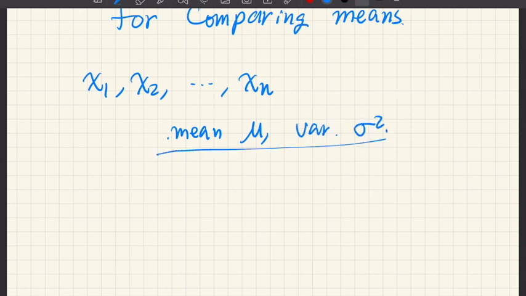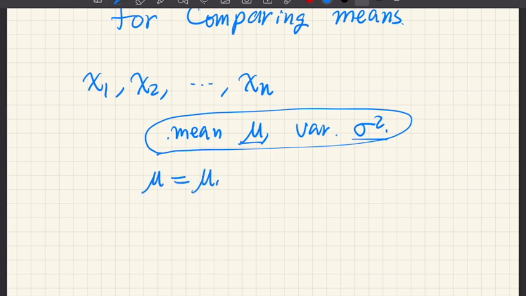Here we are not assuming that these x1, x2, etc. follow the normal distribution. It may not be a normal distribution. We are just assuming that they have the same mean and the same variance, and we want to test whether this mu, the mean, is equal to some particular value, mu naught.